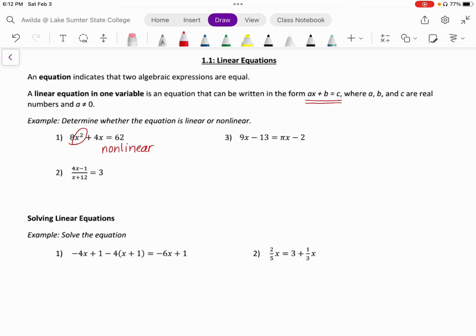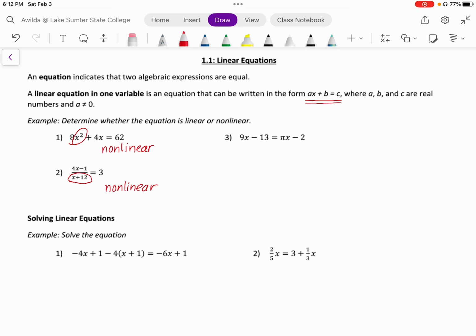We see here that if x was negative 12, that denominator would be 0, and that is a problem. Linear equations cannot have such restrictions. Therefore, we say that this is also a nonlinear equation. In fact, we'll learn later in this course that this is referred to as a rational equation because one of the two sides is written as a ratio of two polynomials.